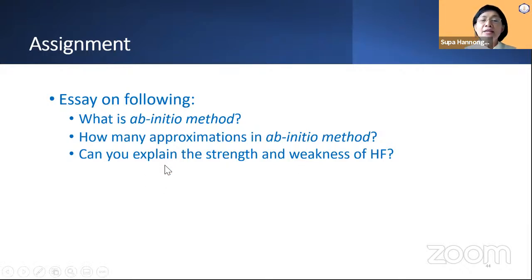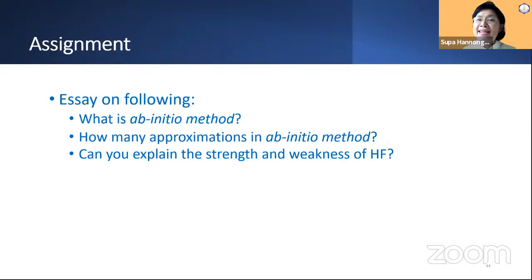And probably you can explain the strength and the weakness of Hartree-Fock. And this is the practice every time I teach my students, every method that we use. The student should know the tools or the method that you are using, if it fits some system, or if it cannot be applied to some system.